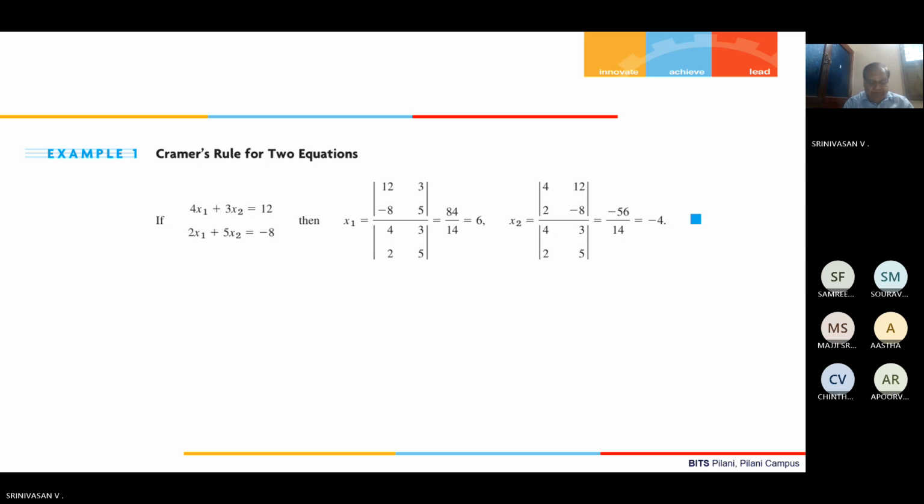Therefore, the solution is, you should write x1 equal to 6, x2 is equal to minus 4.